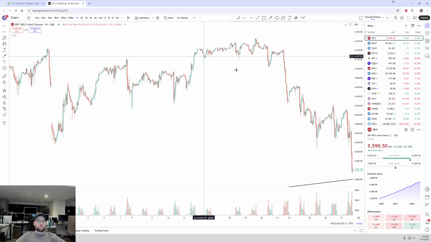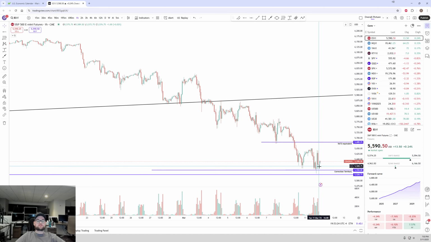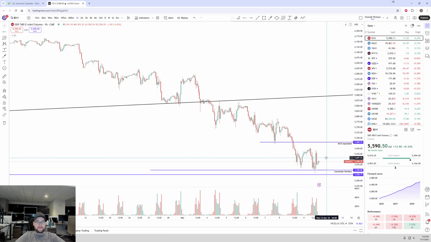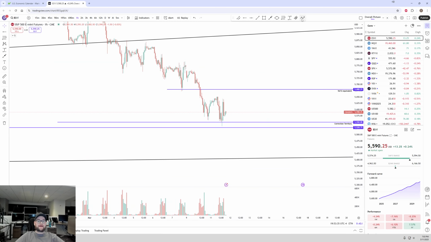Okay, so going forward, I would not recommend shorting into this correction territory between 5550 and 5528. Instead, I would wait for the breakdown to occur and then potentially use that area as a potential area to short going forward.